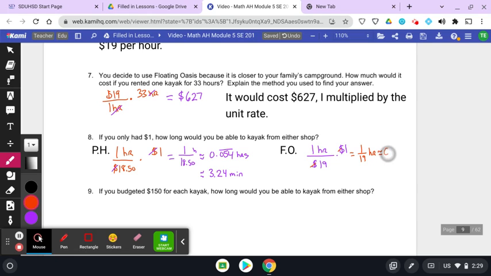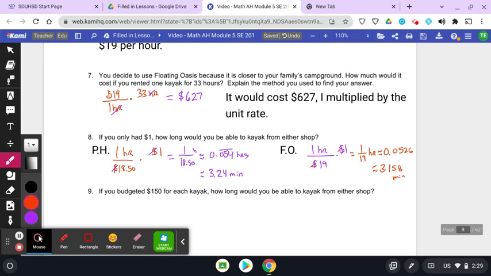That's about 0.0526. It keeps going. I'm going to take that into minutes. I'm going to multiply by 60. Over here, you get about 3.158 minutes. Okay, just a smidgen shorter, not much time at all.